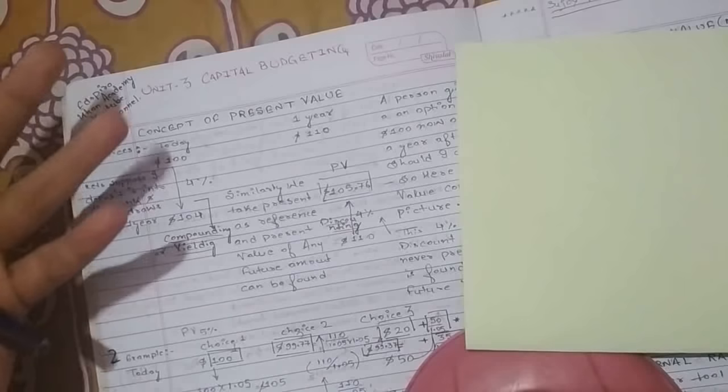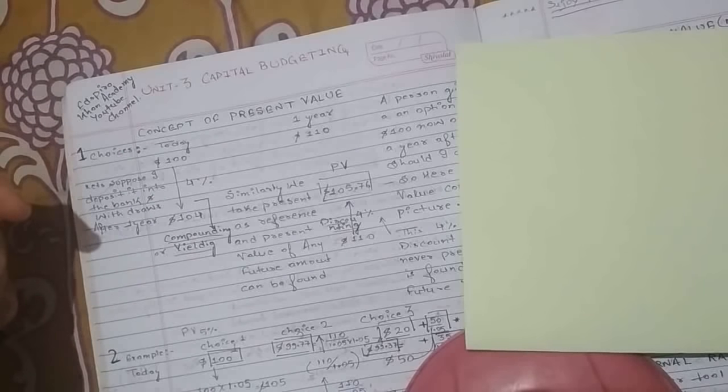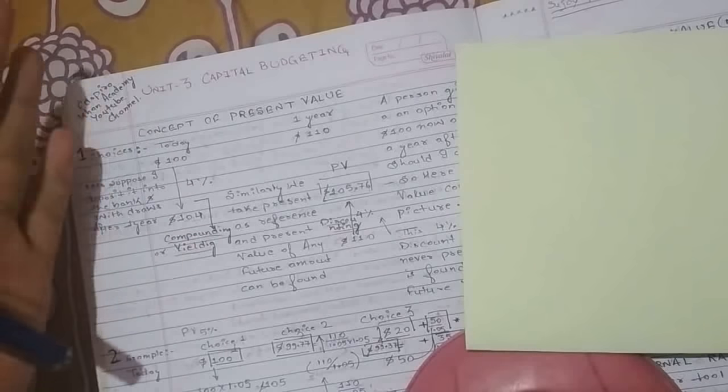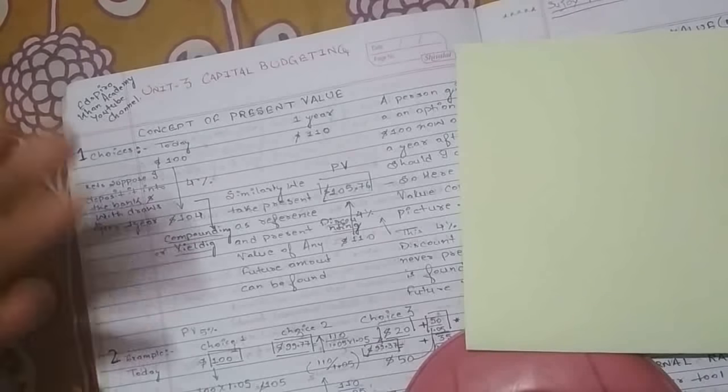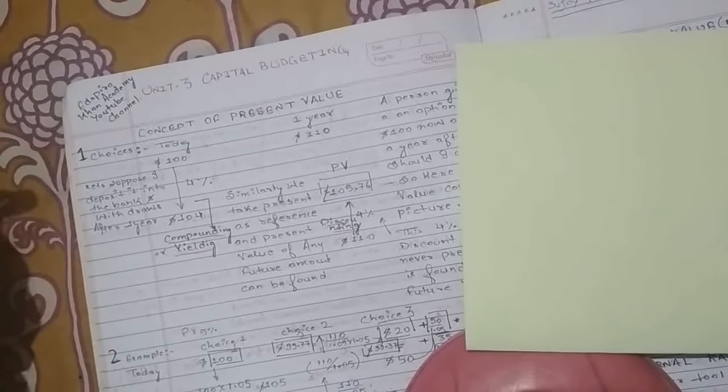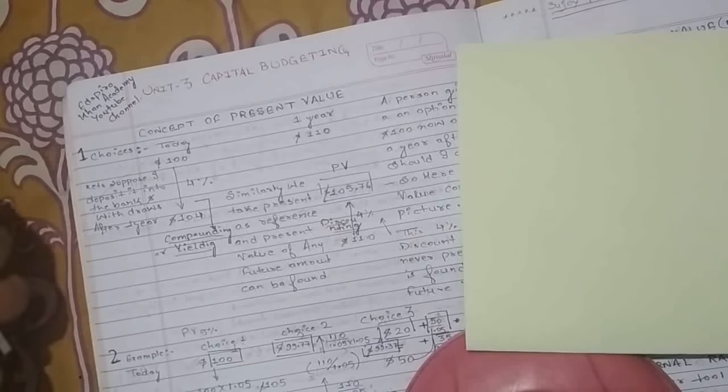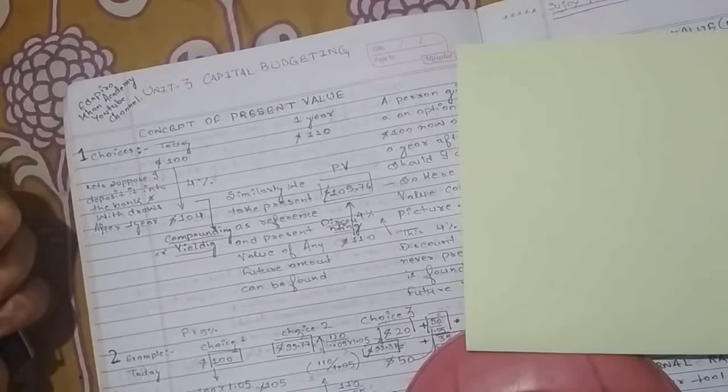Previously we have seen the YTM, or the annuity or interest concept. Capital budgeting is also an application of interest and annuity. In YTM we have seen that the bank or the customer applies yield to maturity to calculate the value of the bond. But capital budgeting is usually used by companies.